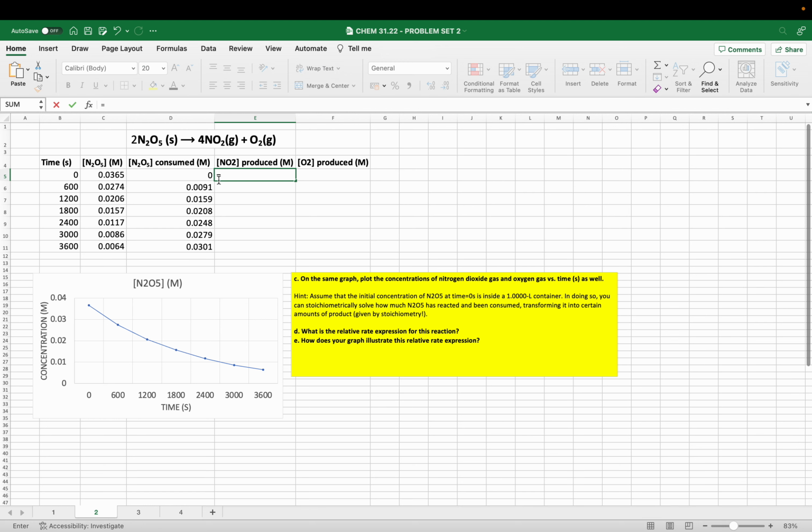So I'm going to equate NO2 produced to the amount of N2O5 consumed, and we know that we're going to multiply that by some stoichiometric factor. We know that there are 4 moles of NO2 produced for every 2 moles of N2O5 consumed. So I'm going to multiply that by 4 over 2, and drag and drop it all the way down.